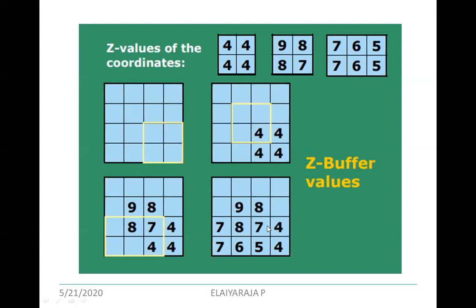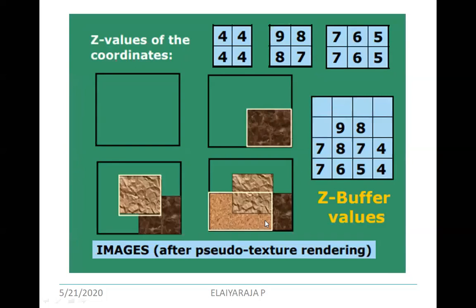Where the existing pixel value is 4 and the new pixel's depth value is 5, your depth value will be replaced with 5 over here. So like this, you process each and every depth value.